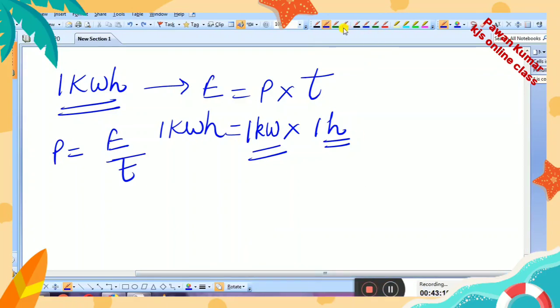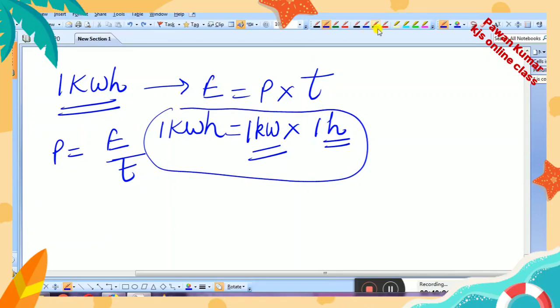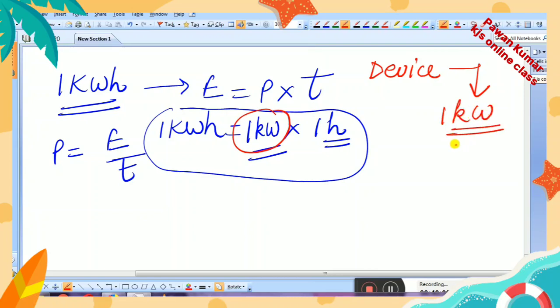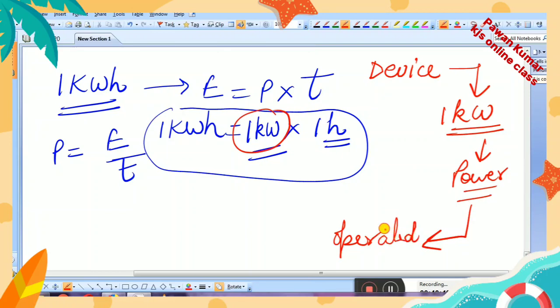Now how can we define it, children? We can define it this way: if there is a device of 1 kilowatt power, and it is operated for 1 hour, then how much electrical energy did you consume?